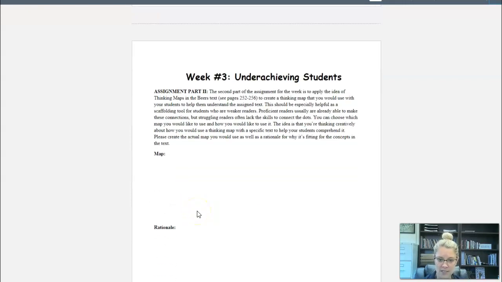So then the second part of this comes back to what I mentioned about thinking maps. The Beers text has several examples of thinking maps. You're going to consider the text that you used the week when you did the BDA lesson, and you are going to be determining one of those thinking maps that you think would work best for helping students to understand the connections among information that they're reading in the text.